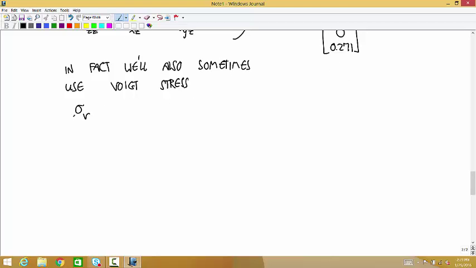So sigma sub v, the Voigt stress, is equal to sigma xx, sigma yy, sigma zz, and then sigma yz, sigma xz, and sigma xy.